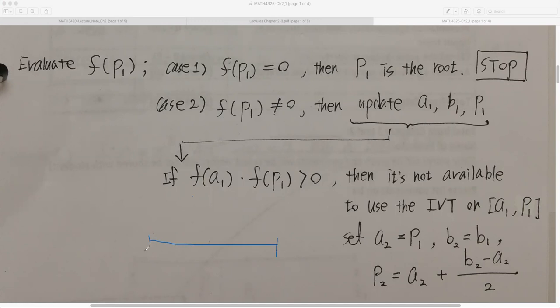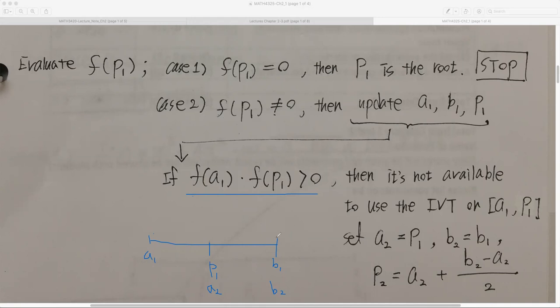Let's say this is a1, which is nothing but a, and b1 is nothing but b. Here is p1. Then a2 is p1, and b2 is b1. So the left endpoint of the closed interval [a1, b1] is updated to p1.